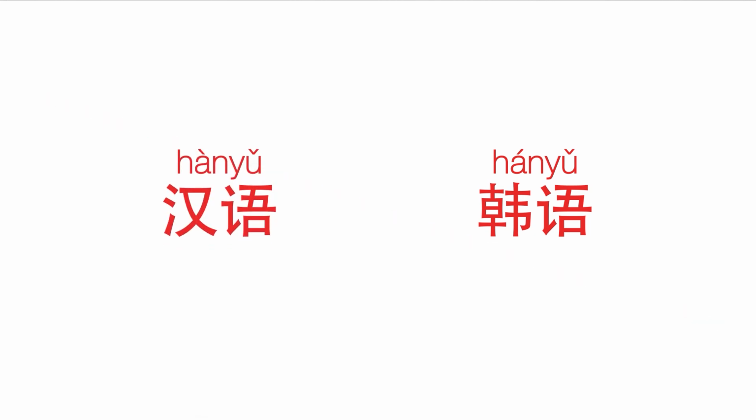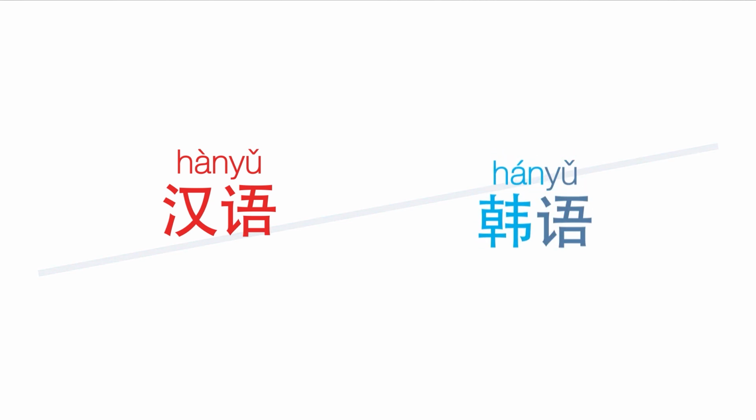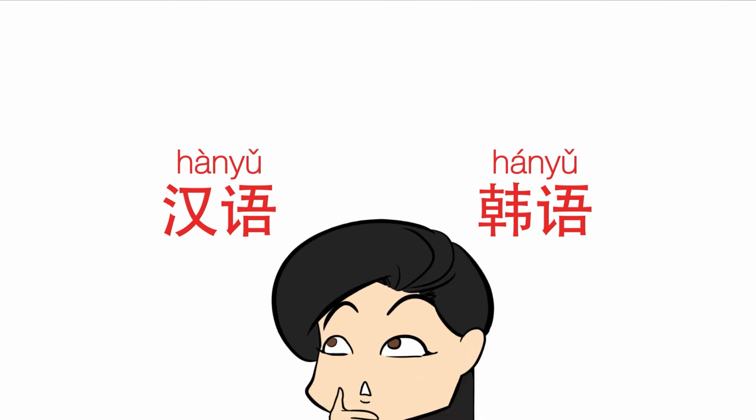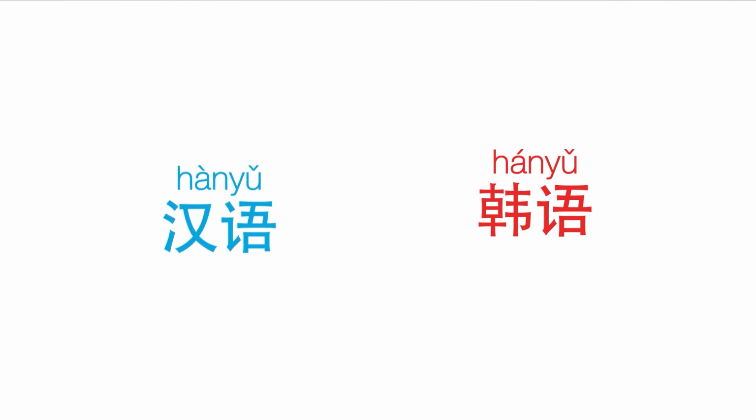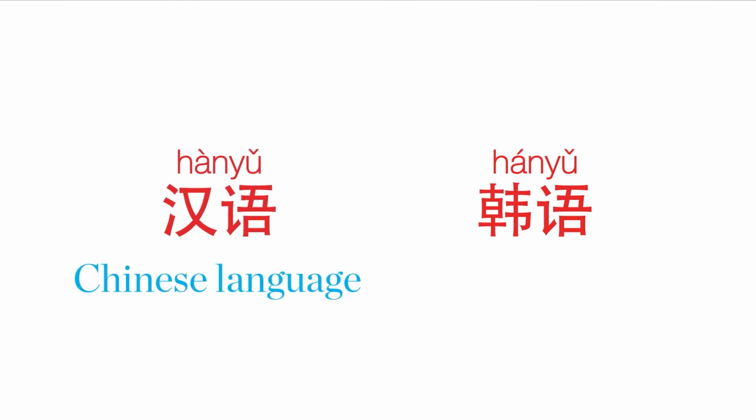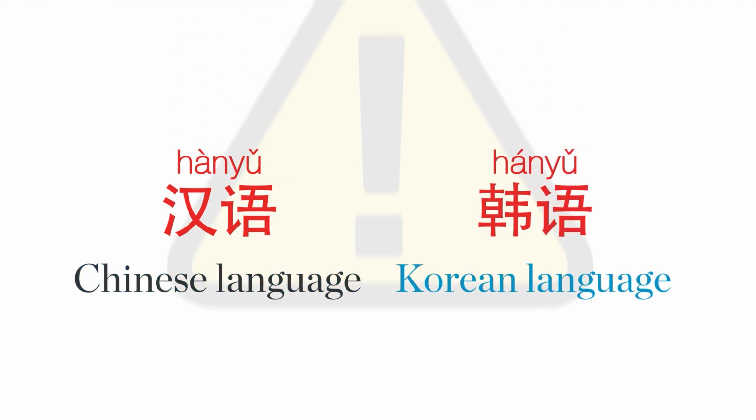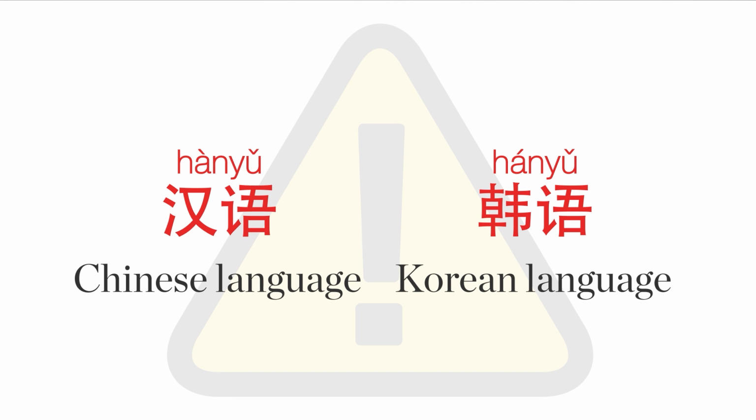The pinyin and tone for Hanyu has a second rising tone on Han, Hanyu. They sound quite close, right? But Hanyu is Chinese language, and Hanyu is actually Korean language. Don't get them mixed up and be very careful with the tones.